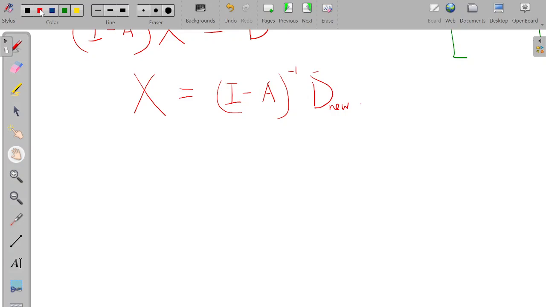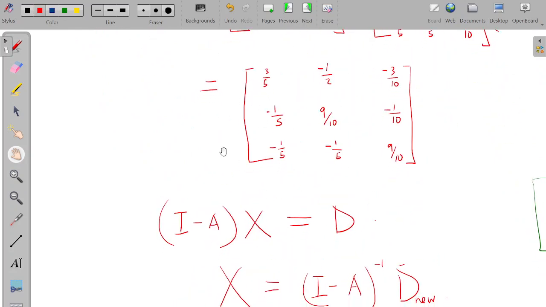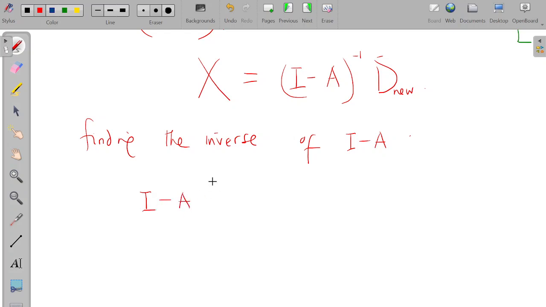Okay, so we have this. In order to find the inverse of this, we need to put this matrix side by side with an identity matrix. So I need to put I minus A side by side with an identity.